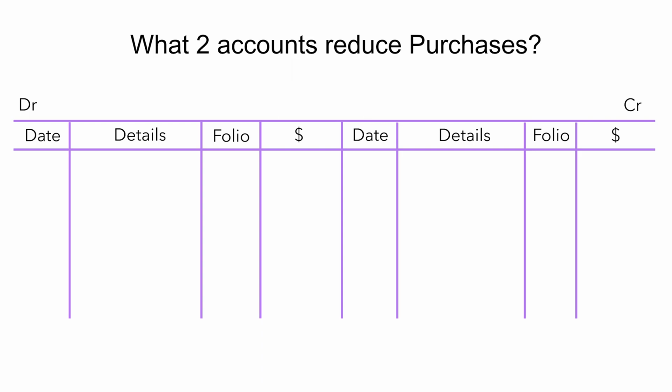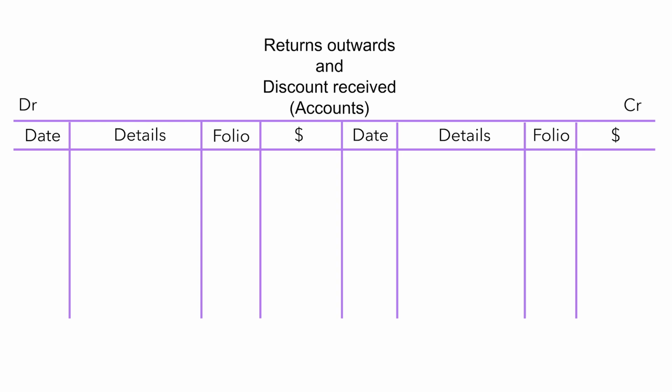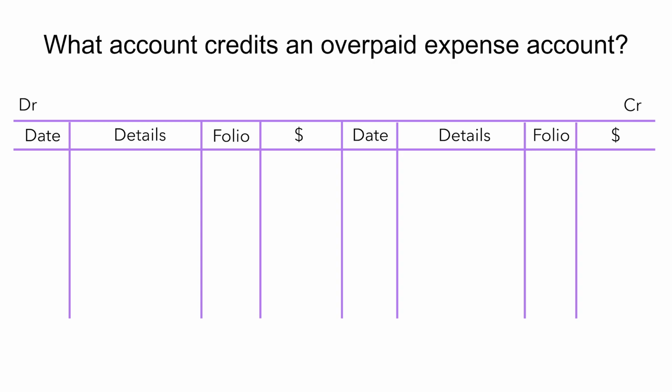What two accounts reduce purchases? Returns outwards and discount received accounts. What account credits an overpaid expense account?